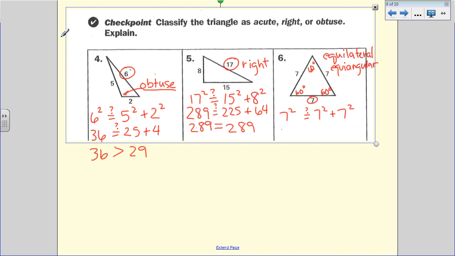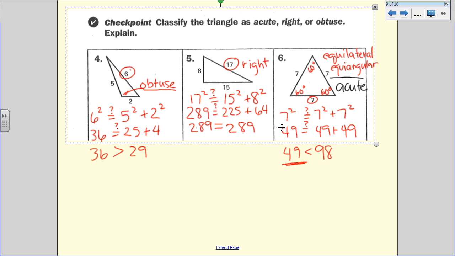But 7 squared is 49. And this is 49 plus 49. We can quickly see that 49 does not equal the other side, but 49 is less than 98. And so when we have the smaller c squared, we said that this was an acute triangle. All right?